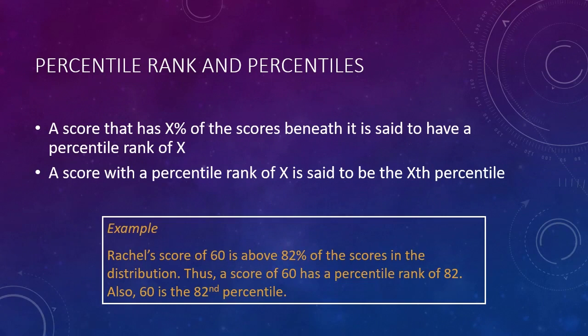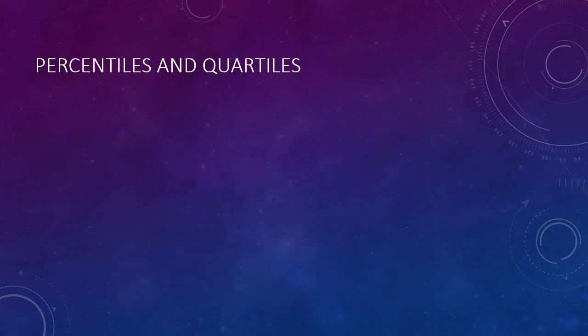The most common mistake I hear regarding these terms is that someone will say they had a percentile of 90 when they mean that their percentile rank is 90 because 90% of test takers scored beneath them. Their percentile rank is 90 and their percentile is the actual score they received. Once you understand percentiles, it's an easy leap over to quartiles because they're just special percentiles.